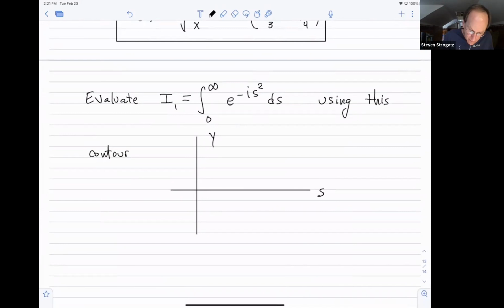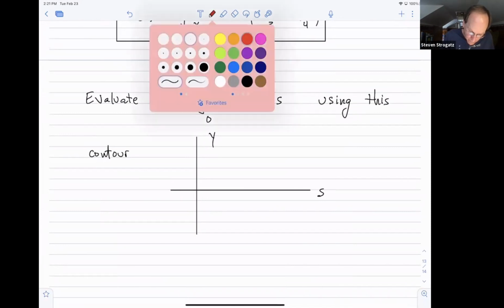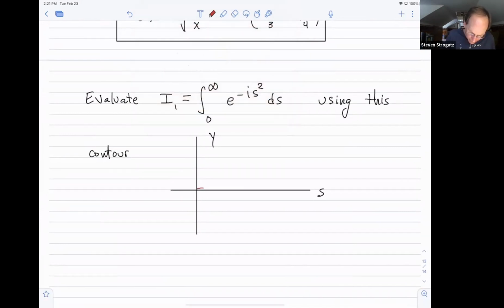Let's draw something like that, and then out to some distance R, then go straight down, and then go till you hit the 45-degree line and then draw this.